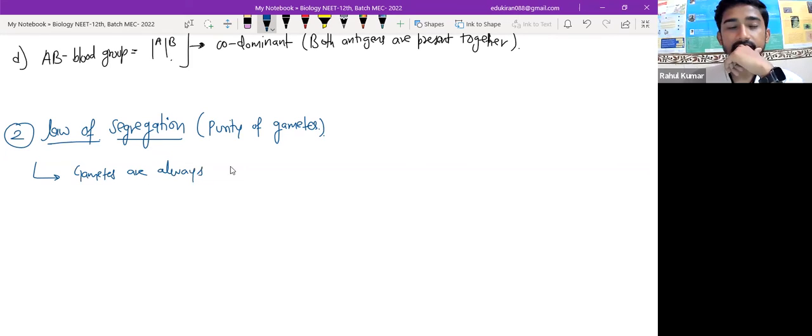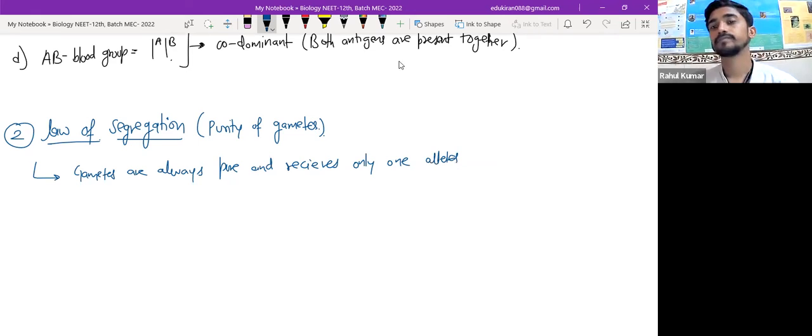So it means that gametes are always pure and receive only one allele.